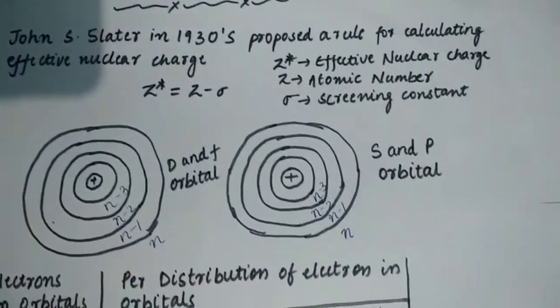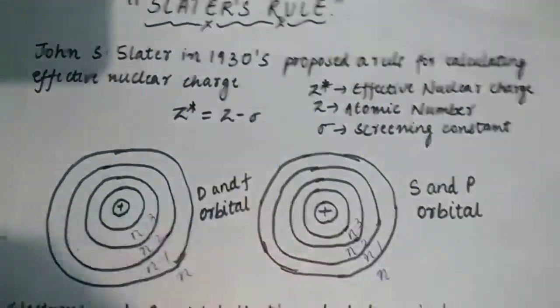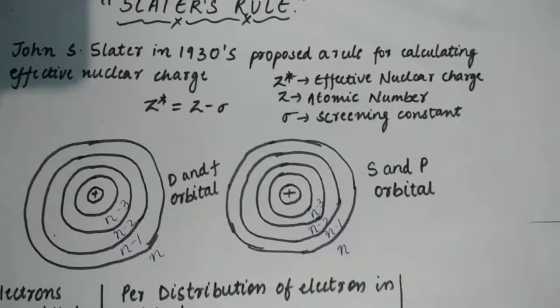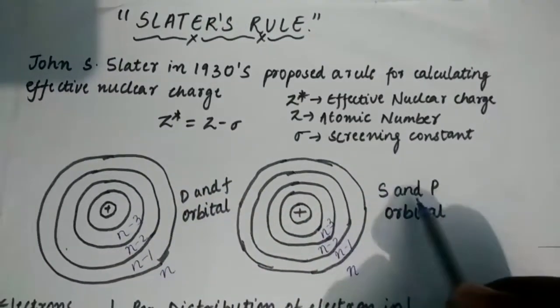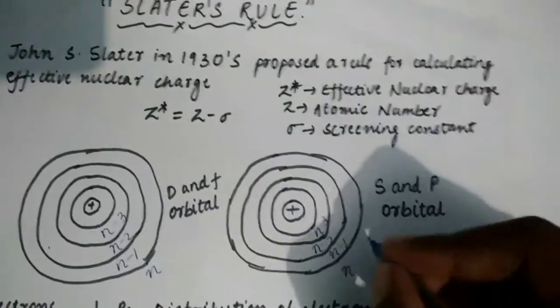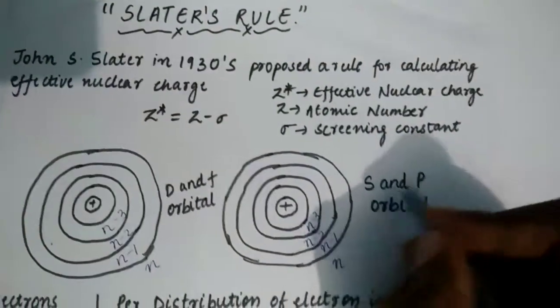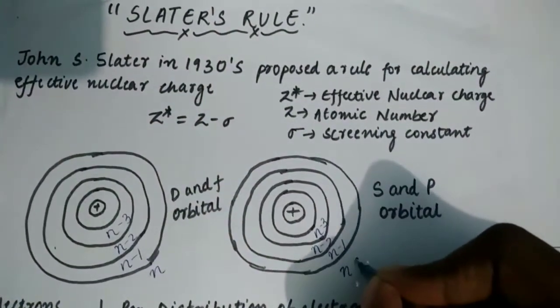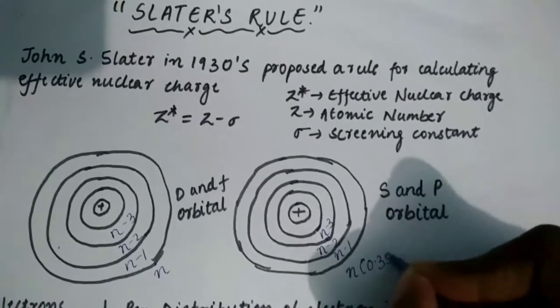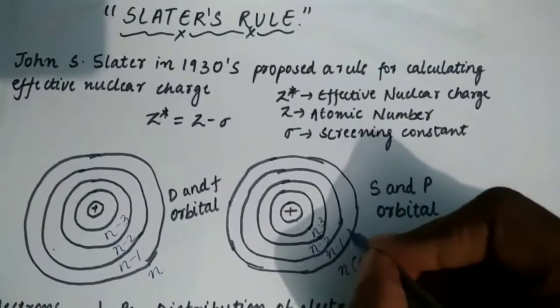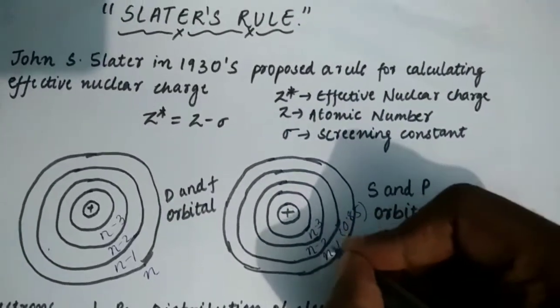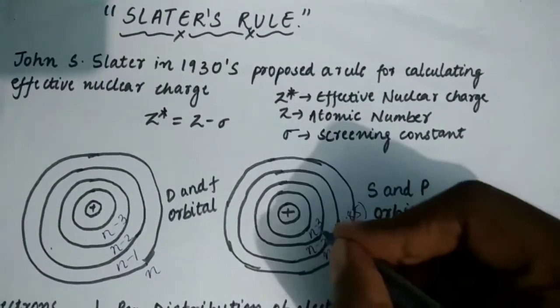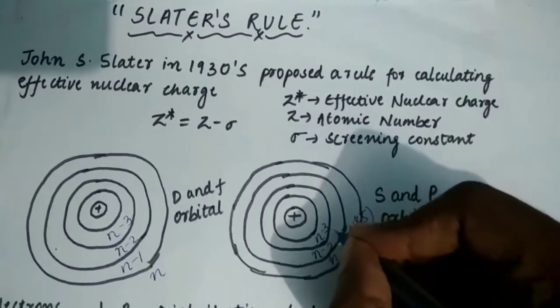We can see that the value of the shielding constant differs in d and f orbitals and s and p orbitals. In the case of s and p orbitals, it goes like 0.35 for n. For n minus 1 it becomes 0.85, and for the rest, n minus 2, n minus 3 and so on, it becomes 1.